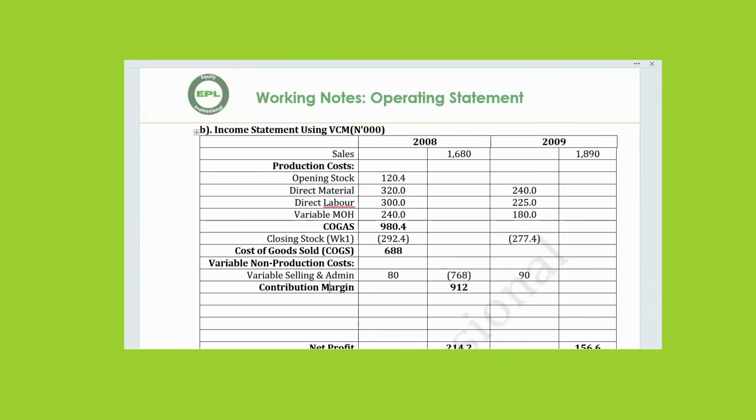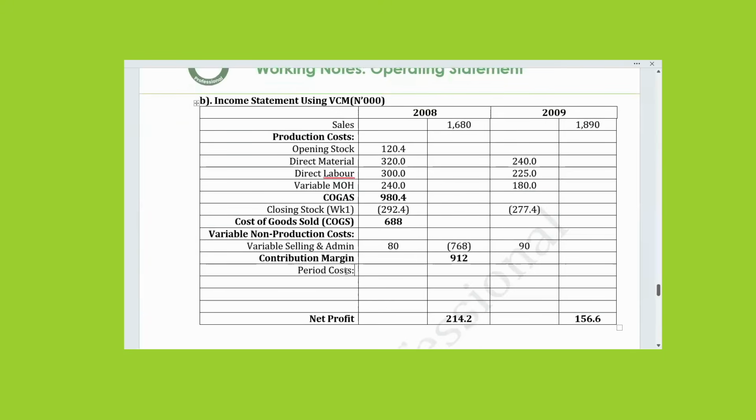Immediately after contribution margin, the next thing we are going to do is to deduct period cost. Remember, under marginal costing approach, we said that marginal costing approach is an accounting system whereby the period cost incurred are written off fully from the aggregate contribution. So we deduct period cost.